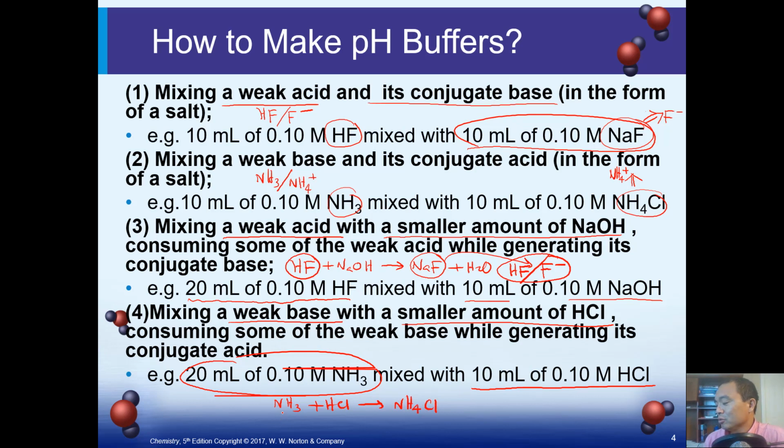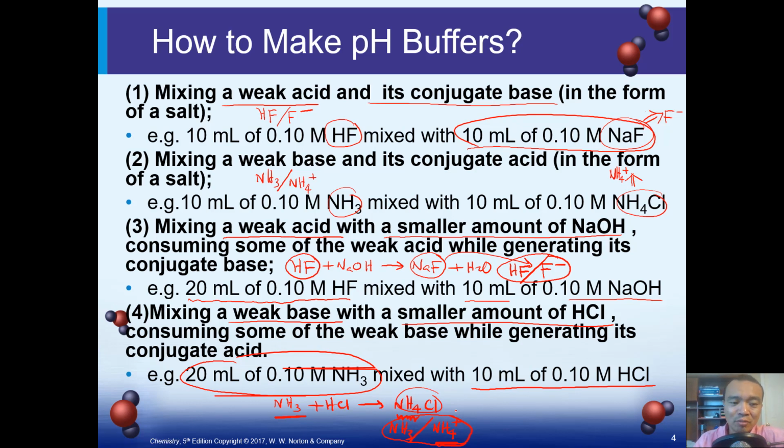So some of the ammonia is consumed. Do remember, at the same time, it generates ammonium, which is part of this salt product. The remaining ammonia with the newly generated ammonium ion, NH4 plus, gives you a pH buffer.